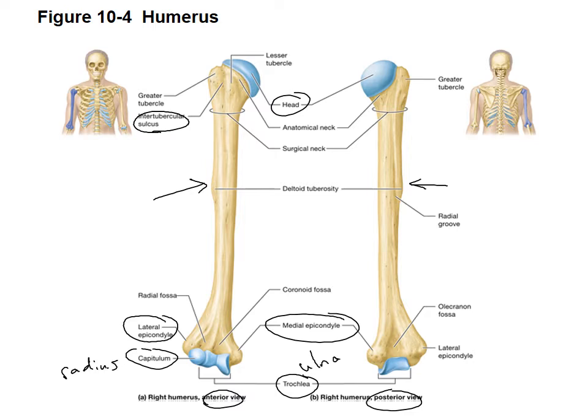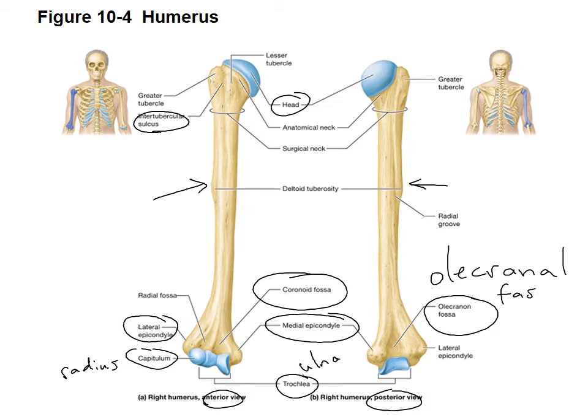Then there are some fossae on the anterior and posterior sides. On the anterior side, there's a coronoid fossa, and on the posterior side, there's the olecranon fossa, or olecranal fossa, F-O-S-S-A.